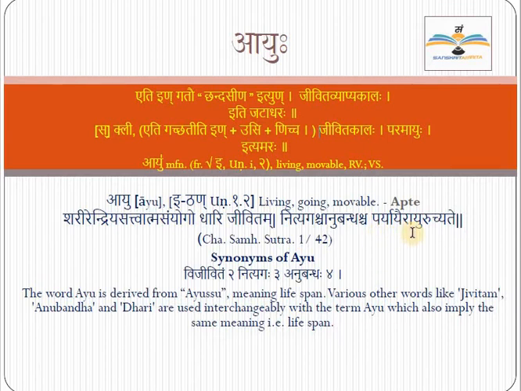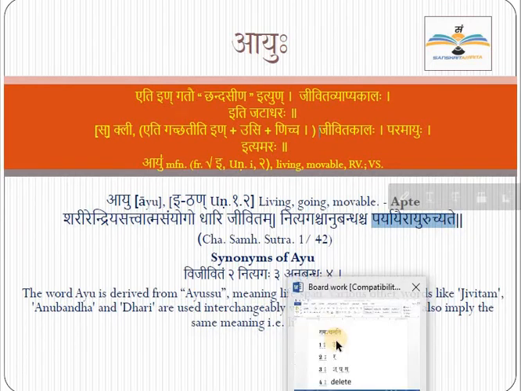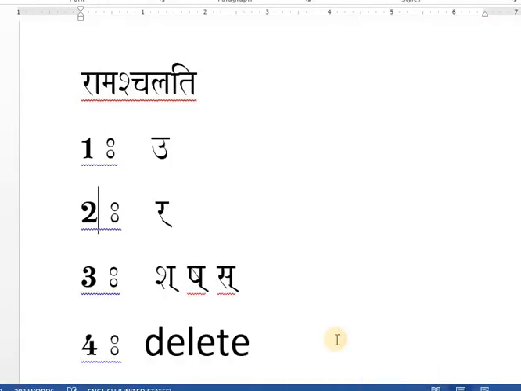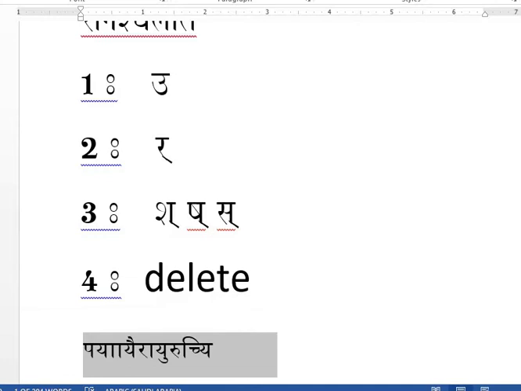paryayehi ayuhu uchyate, a very interesting word. If you see here, students, this is a good example of visarga sandhi. Let me quote this example here: Paryayerayuruchyate.